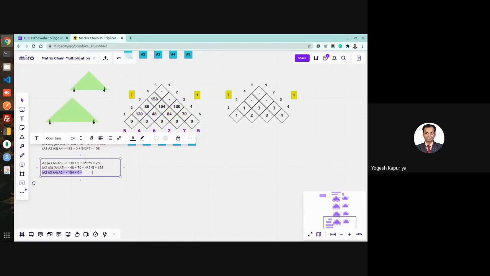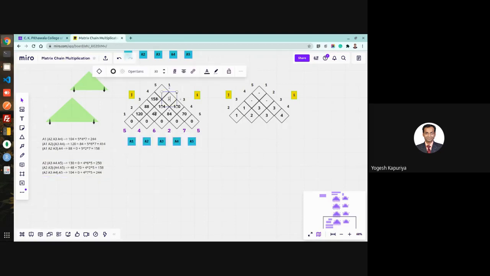So this is 4 cross 7 cross 5. So that should be 4 into 7 into 5 plus 104. So that is 244. So which one is minimum? Obviously 158 is minimum.